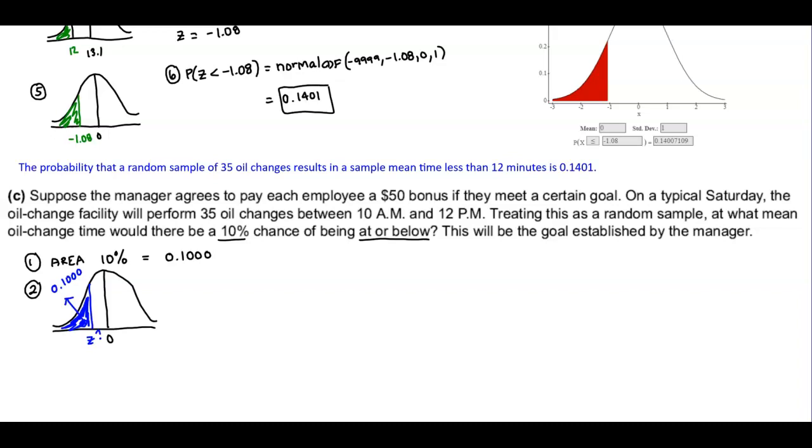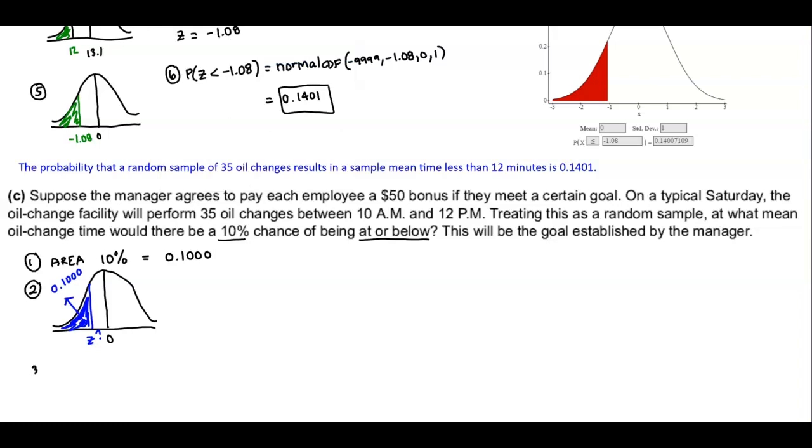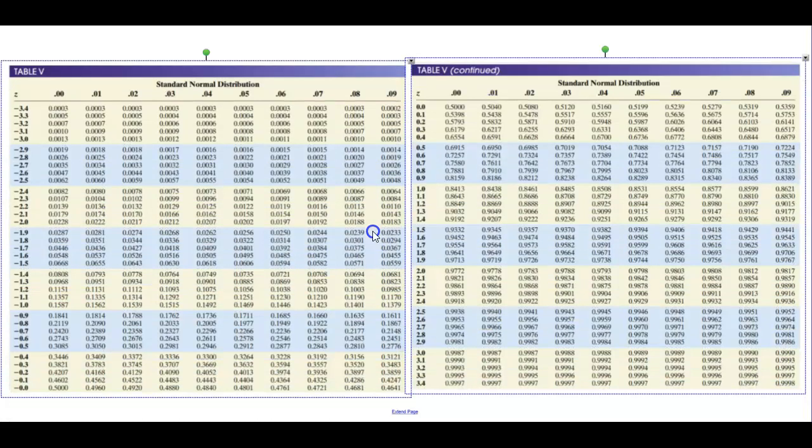We want to first determine what that z-score is. In order to find it, we can use a table and look for 0.1000. Can we find that? Let's take a look at the table.